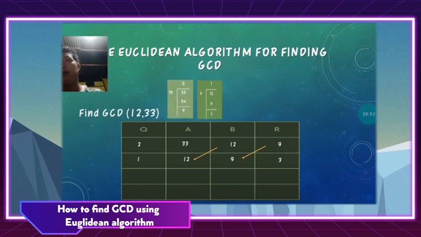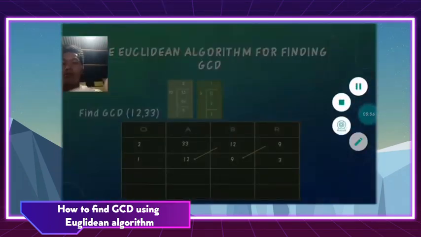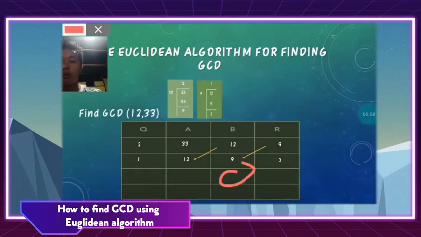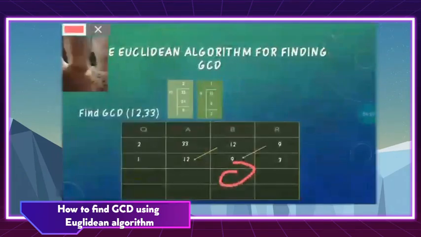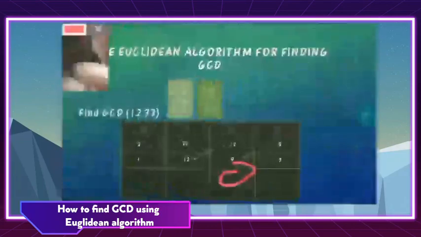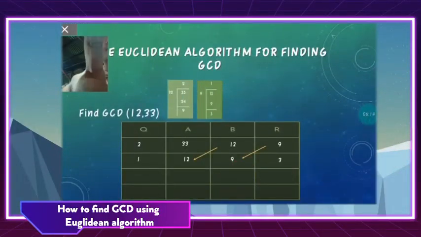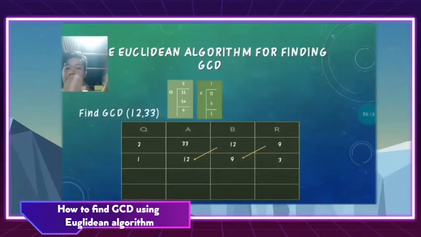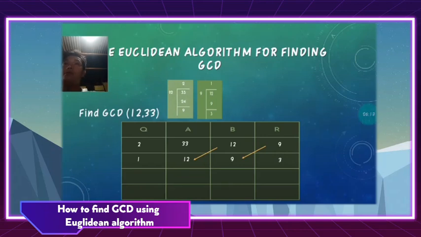Are we getting B as 0? There is no 0 here, so we are going to repeat the operation again.